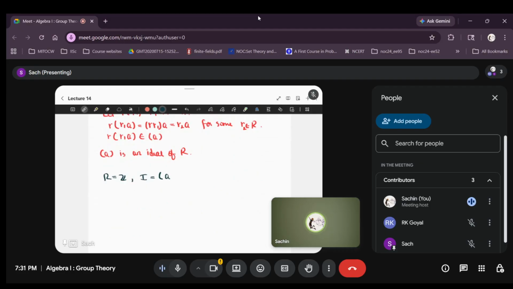You pick one element, some integer A, and let I be the ideal generated by that A, and let J be the ideal generated by some other element B. Now you do I plus J, which is the set of all elements formed by taking the sum of one element in I and another element in J. Can you say something about this without knowing exactly what A and B are?